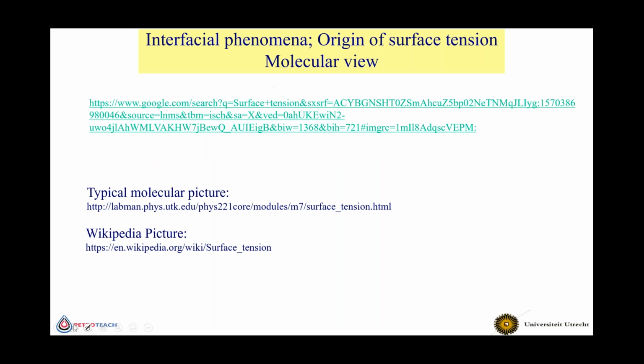One of the major issues is the surface tension that exists at an interface. And the question is, what is the surface tension in terms of molecular interaction? Everything that we have relates to the interaction among molecules, and that's the starting point for everything.